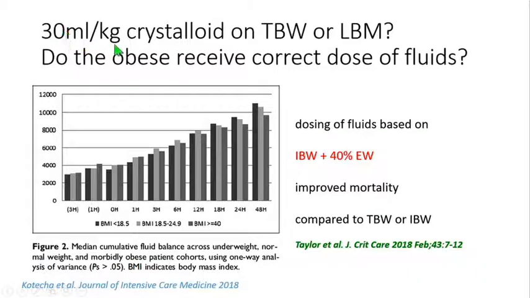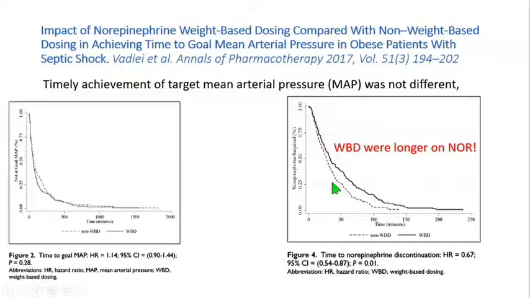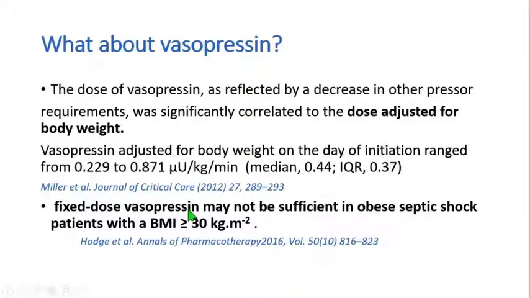So the 30 milliliters per kilogram crystalloid that are necessary in the treatment of sepsis, maybe this 30 milliliters per kilogram should be based on ideal body weight, corrected body weight, in other words, ideal body weight with 40% excess body weight. This is a study that compared both, and when you look at the time to reach the target, it was the same in both groups, but those on weight-based dosage were longer on norepinephrine for reasons not clearly explained by the authors.